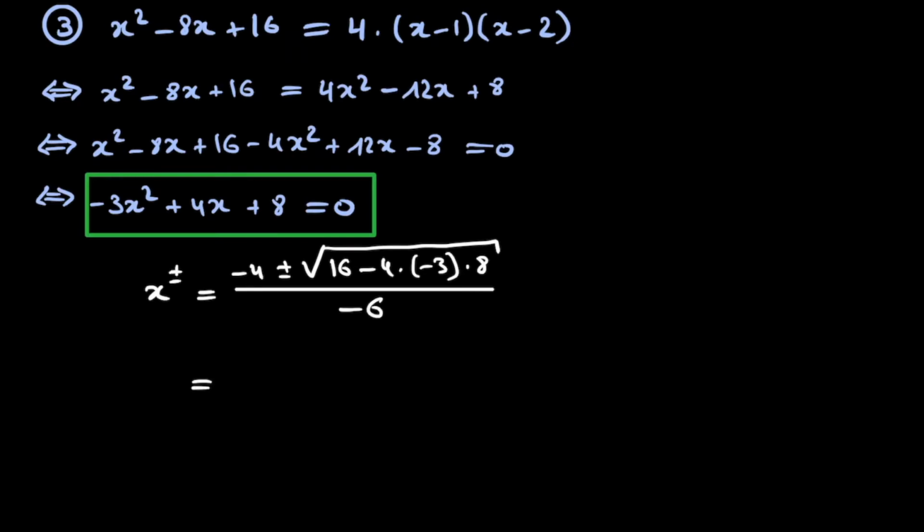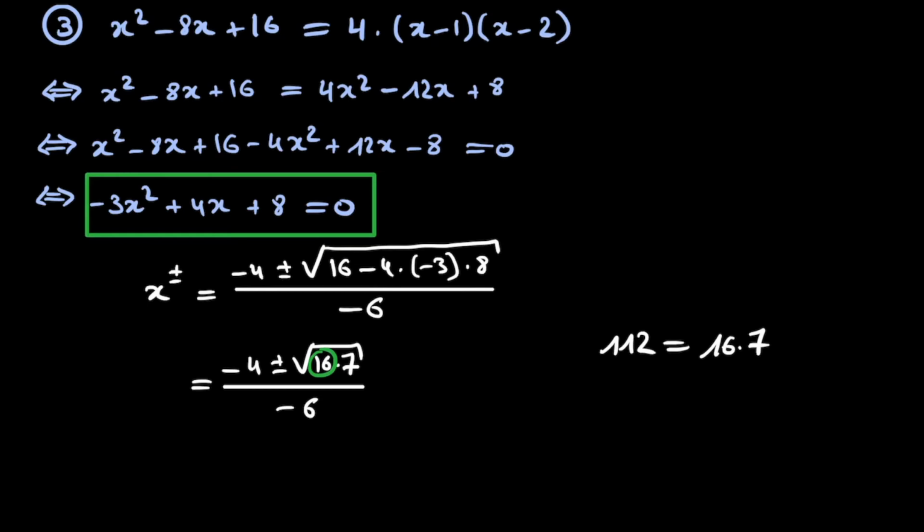Computing whatever is inside of the square root, we get minus 4 plus or minus the square root of 112 divided by minus 6. Now, the square root of 112 is of course not something you immediately know. However, after some thinking, we know that 112 is equal to 16 times 7. So the square root of 112 becomes the square root of 16 times 7.